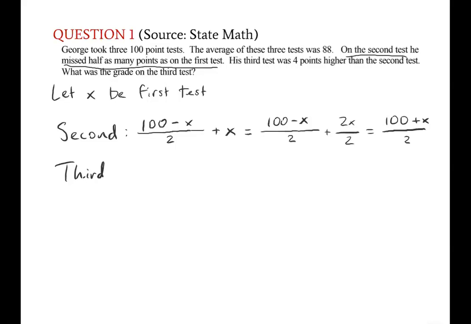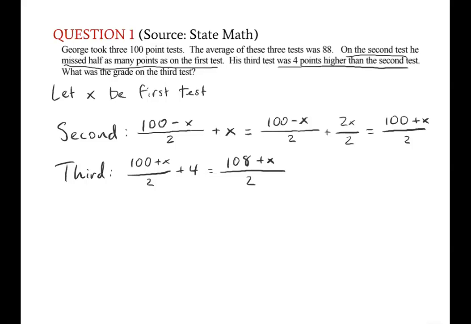And then on his third test, it says that it was 4 points higher than the second test. So we just add 4 to this, and this simplifies to (108 plus x) divided by 2.